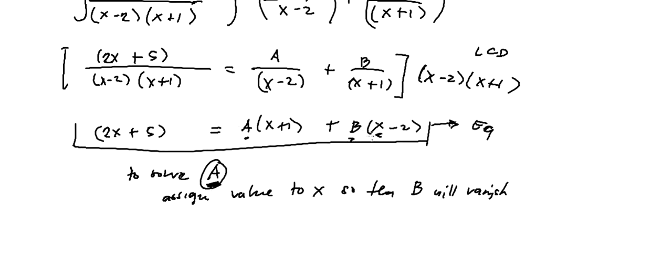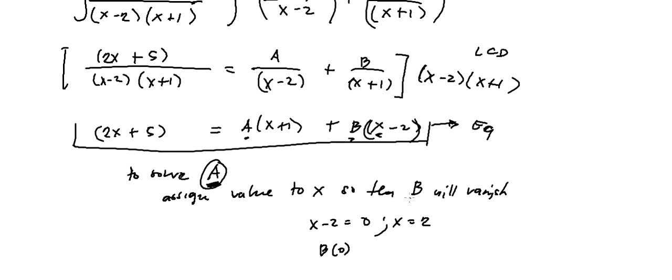How can we make this term vanish? If we multiply this B by 0, then we can cancel it out. How can we make B multiply by 0? We need to think of a number for this part that is equal to 0 in order to come up with B times 0. From here you can see that x is equal to 2.